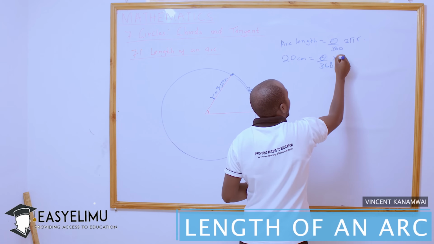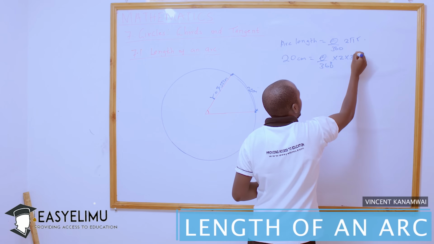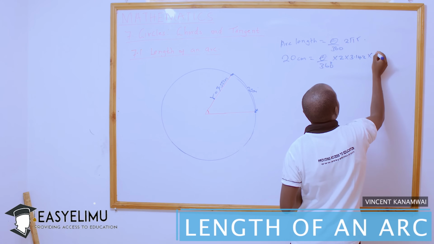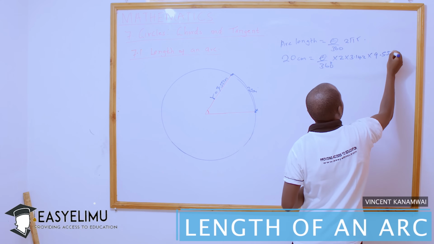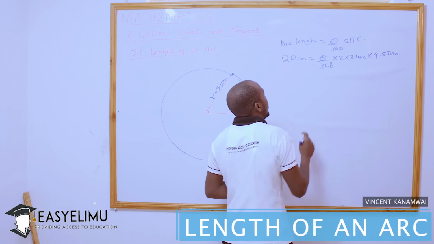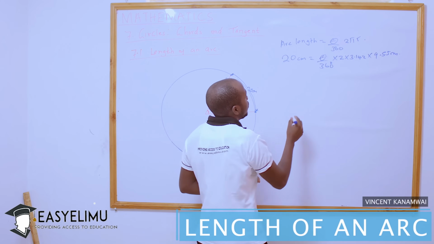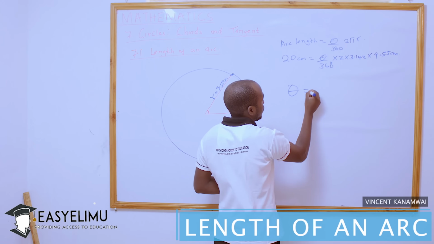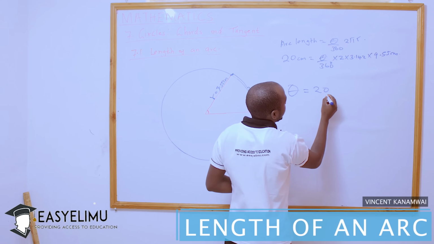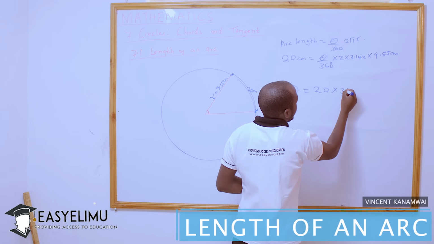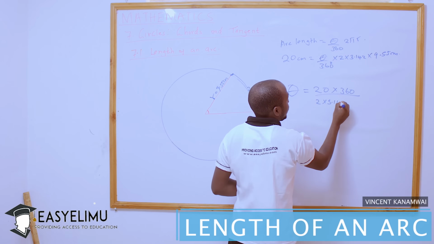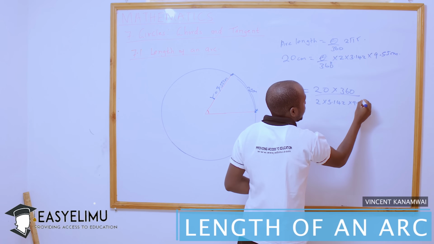Then we multiply by 2 by 3.142 as our pi, and the radius we have as 9.55 centimeters. With that, theta will be equal to 20 multiplied by 360 over 2 by 3.142 by 9.55.